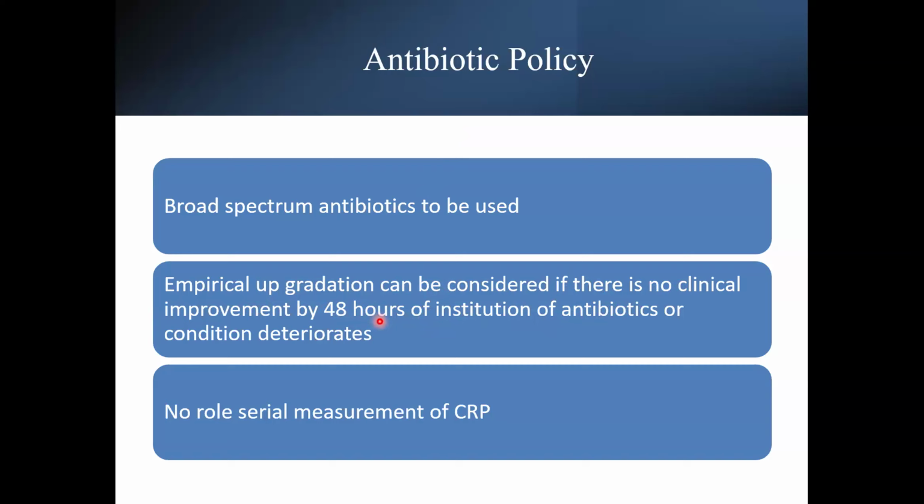Or if we get a culture before 48 hours showing some other organism which is sensitive to another antibiotic, then we can escalate. So we need not measure serial CRP in an otherwise well baby just to escalate or de-escalate antibiotics. Right? Though CRP is part of the sepsis screen, we need not use it for taking decisions for duration of antibiotic therapy or for change of antibiotic therapy.